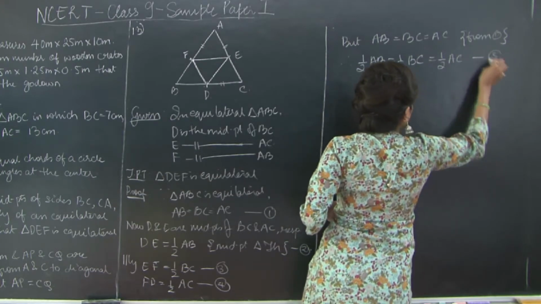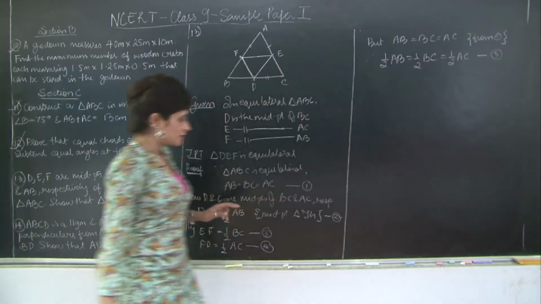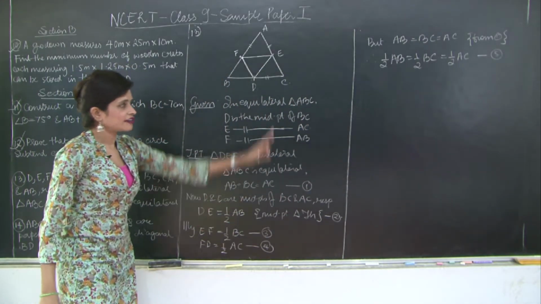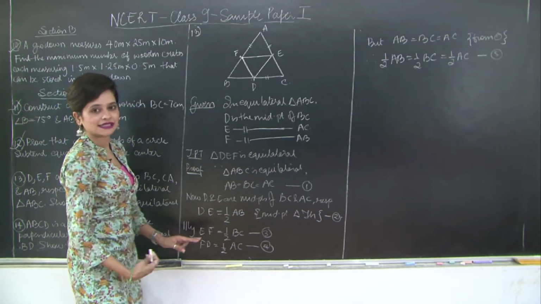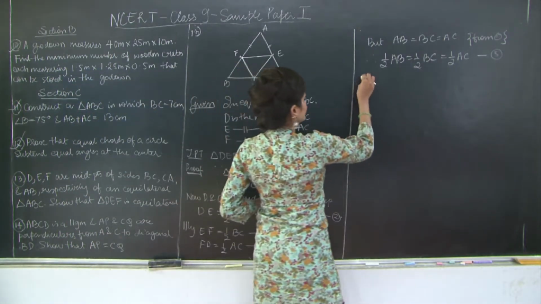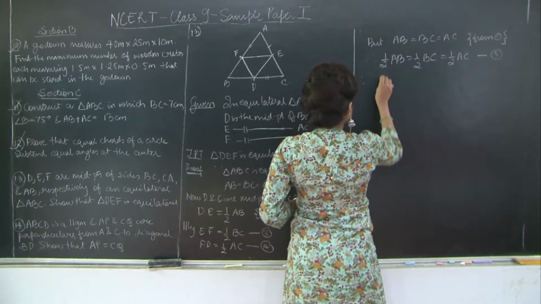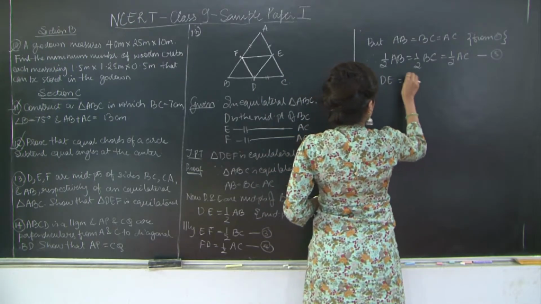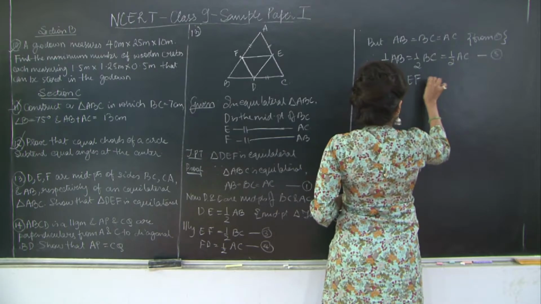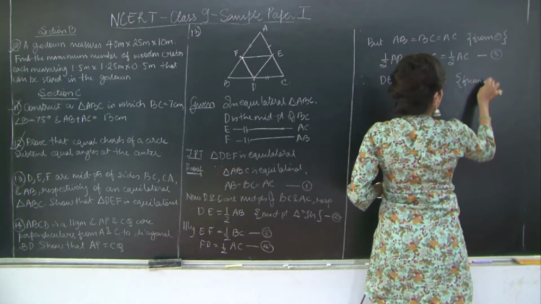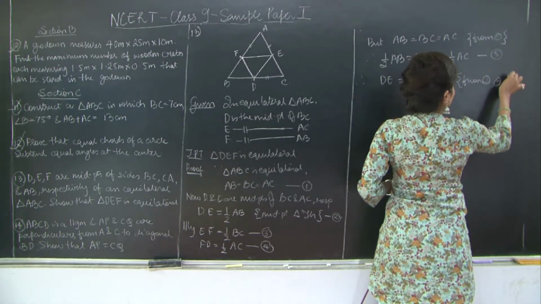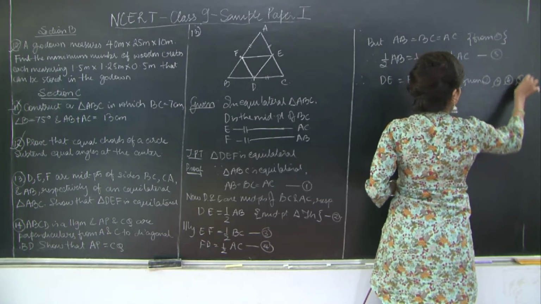So what do we get from 2, 3, 4 and 5? We can substitute the values for half of AB, BC and AC. Therefore, DE is equal to EF is equal to FD from 2, 3, 4 and 5.